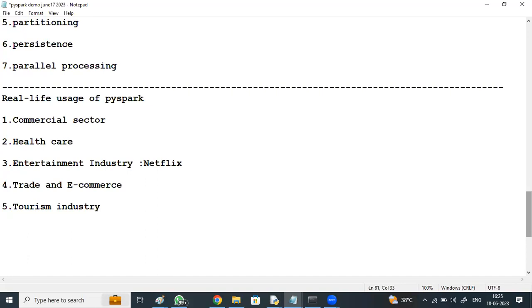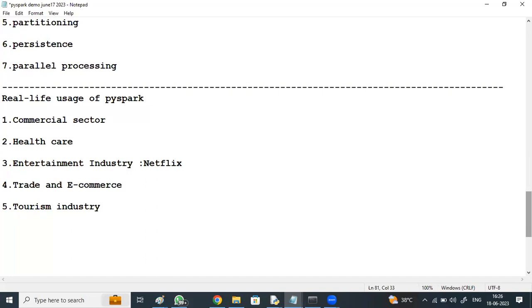Spark can perform real-time processing as well as batch processing. What do you mean by batch processing? If today 1 lakh transactions happened, at the end of the day you identify that some 20 fraud transactions have happened.